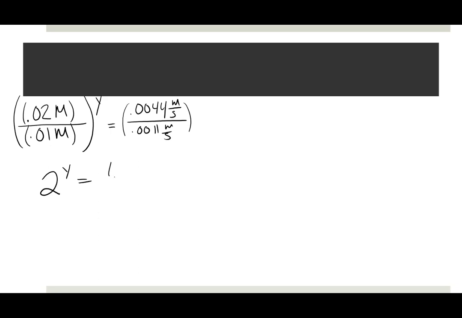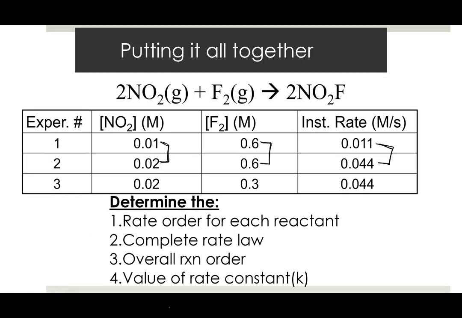And we get a 4 over here. So at this point, you should probably see that y equals 2. So 2 squared is 4. So NO2 is second order. So I'm just going to put that in a different color so it kind of stands out to me. Second order.